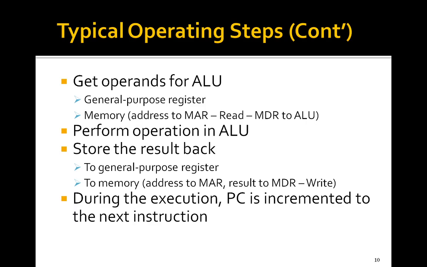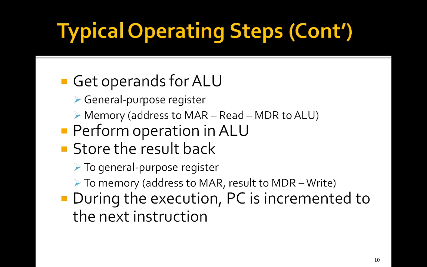An operand can reside in the memory or in a general purpose register. Wherever it is, it has to be fetched by sending its address to MAR. Again, if I want to access something, I have to send that address to MAR and generate a read signal. When the operand has been read from the memory, it will be loaded into MDR, because MDR holds the data that is being accessed.